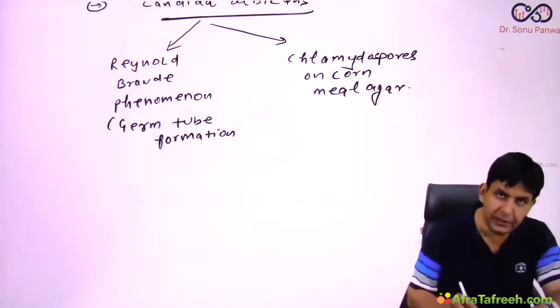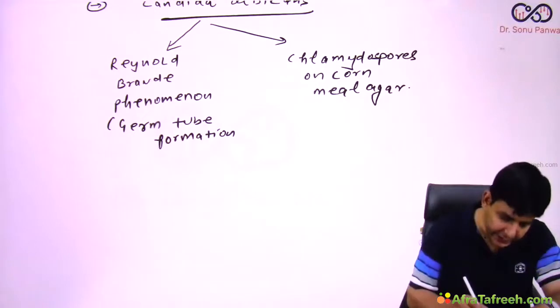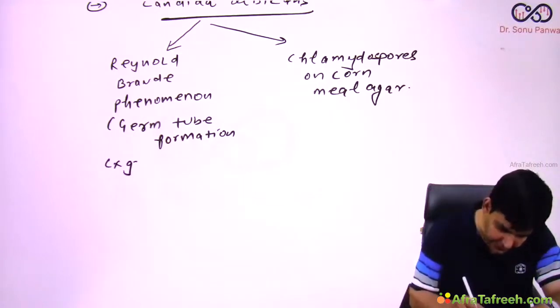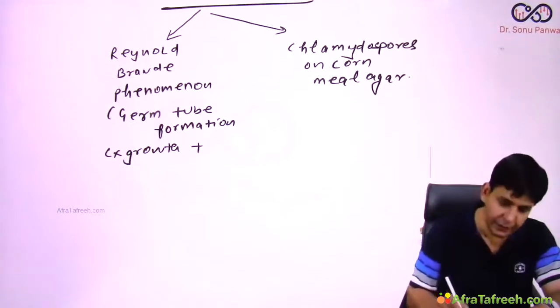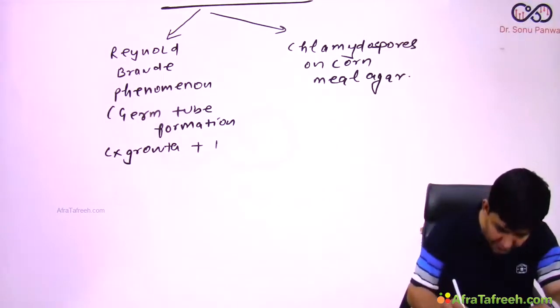This Reynolds broad phenomena, that is germ tubes, is actually formed when you have this culture growth of Candida and you put it into what? You put it into the human plasma.